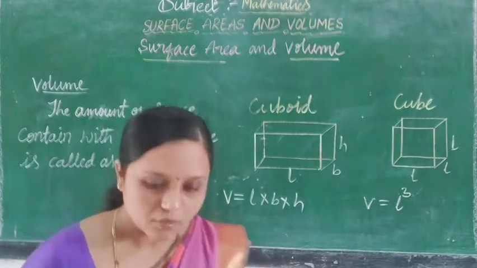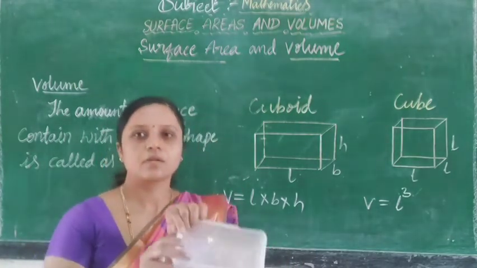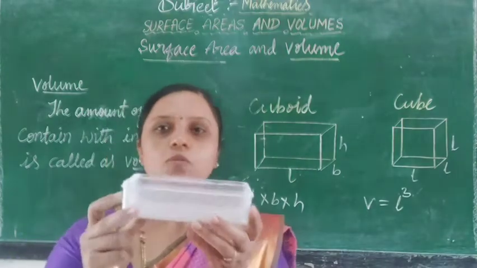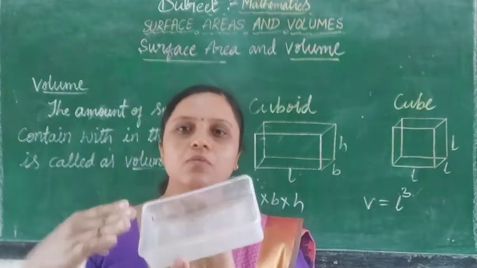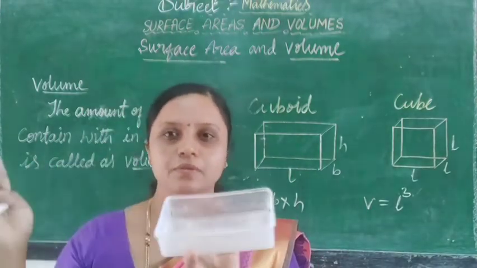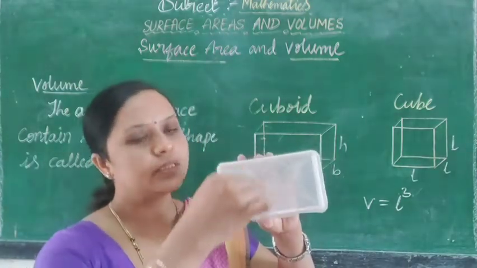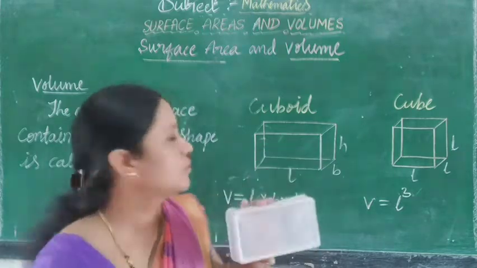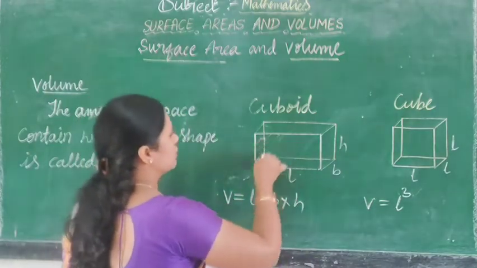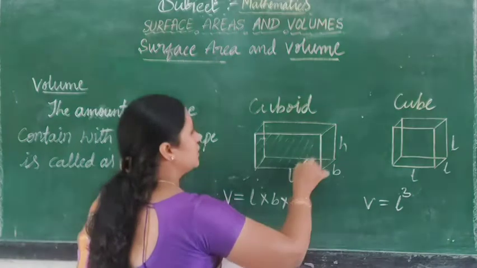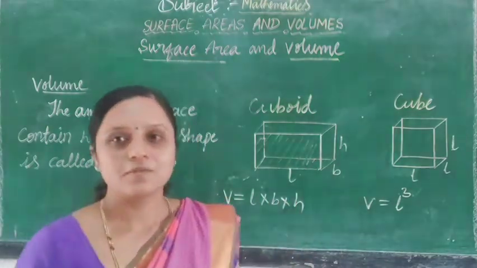Now look at this object, which is in cuboid shape. Here one surface is open. Suppose I want to paint only this surface. Then we need to know the surface area.